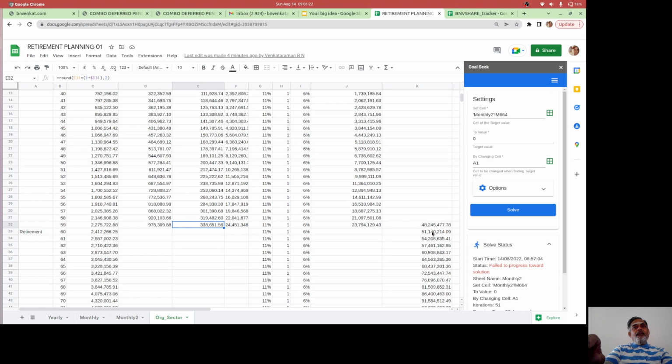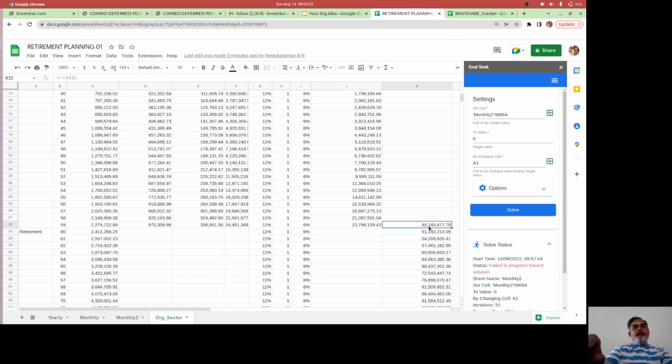And next year, this calculation is F32 plus J32, that is this column plus this column, that is the maturity amount, the corpus fund we generated from our PF savings plus our additional savings, both works out to be 4.82 crore.